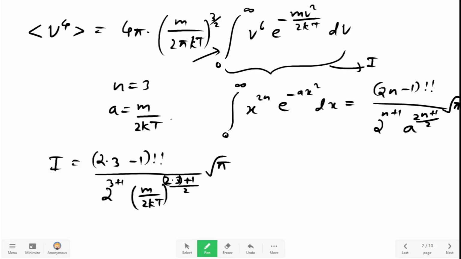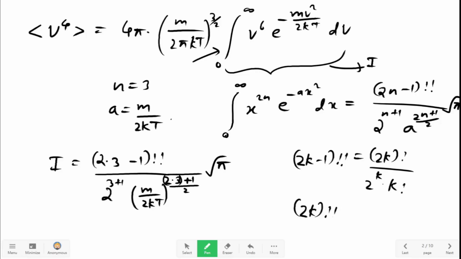How will you find the double factorial here? Double factorial is defined as, for odd numbers, 2k minus 1 double factorial is equal to 2k factorial divided by 2 raised to k into k factorial. Double factorial of an even number 2k double factorial is equal to 2 raised to k times k factorial. Let us find the value of 2 into 3 minus 1 double factorial.